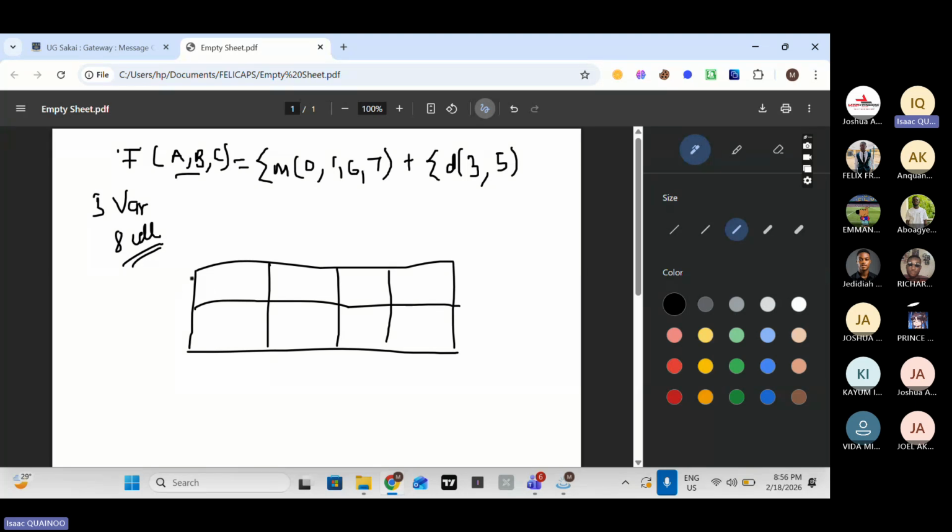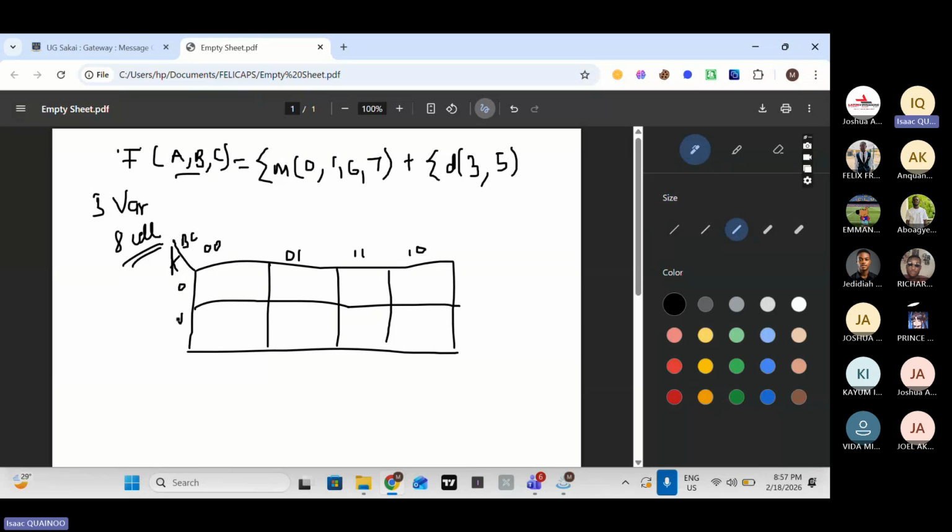Okay, so we know that the variables are 3, so we can represent A here, B right here, and then we have our C. Okay, and then let's label this: 0 0, 0 1, 1 1, and 1 0, and then 0 1.